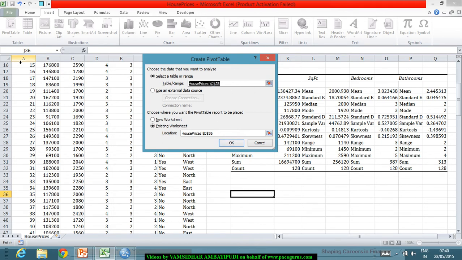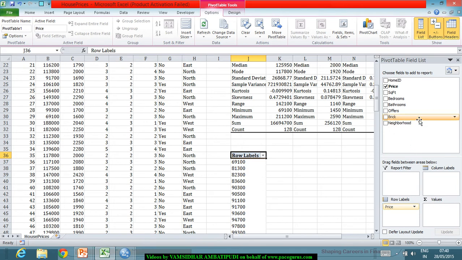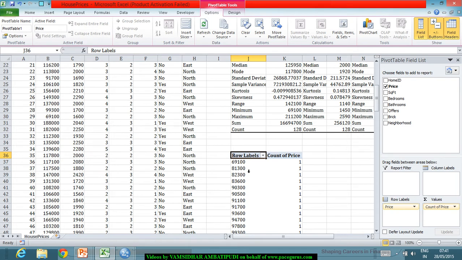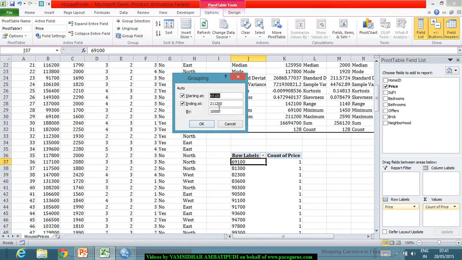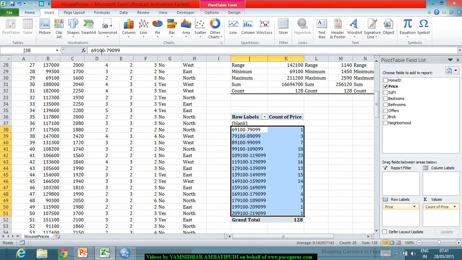In the pivot table I'll go with this, and here I'll point to a location wherein I'll take the price. I'll try to do the grouping of this, let's say by 10,000 each. So I'll get a price grouping something like this, which I can use for plotting a histogram.